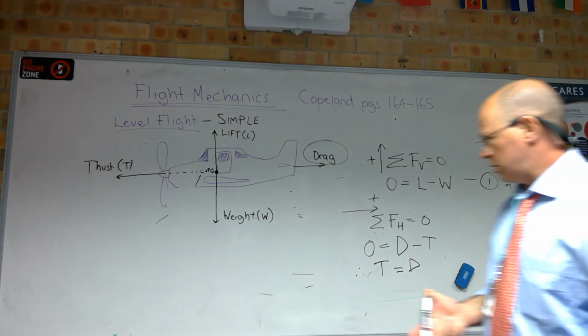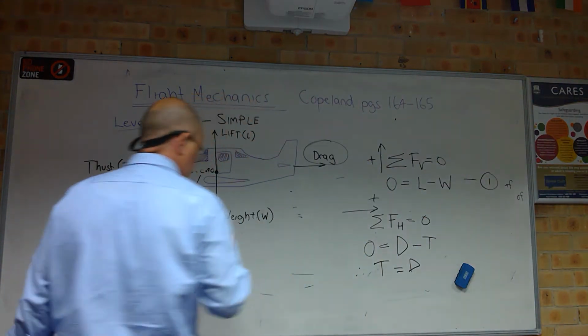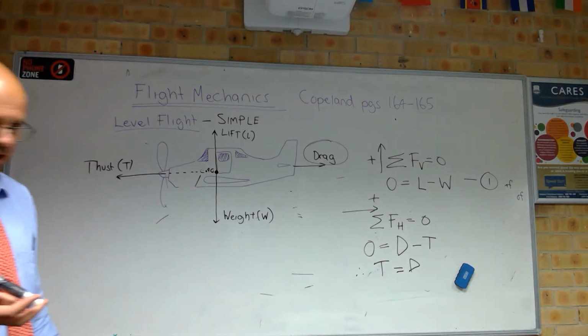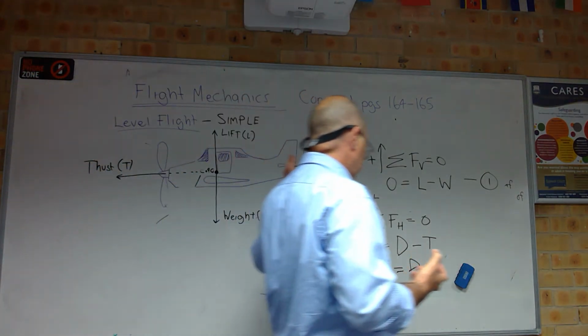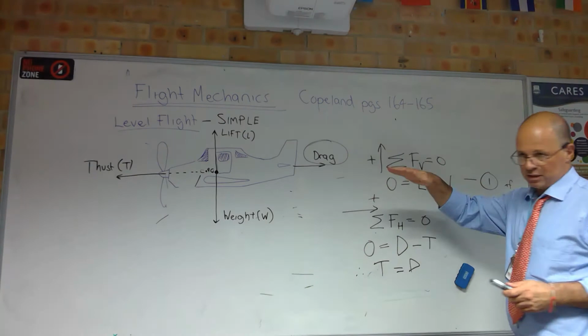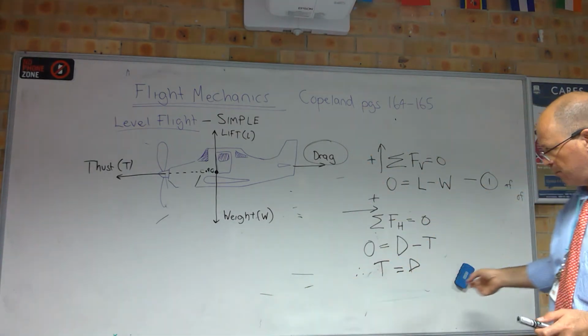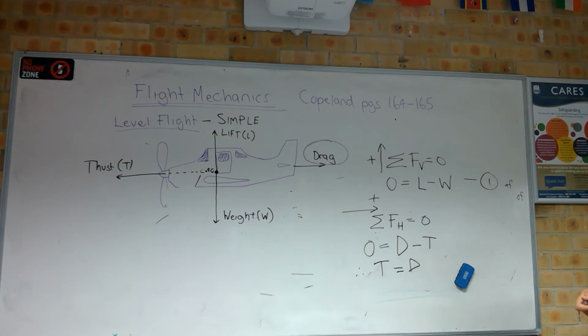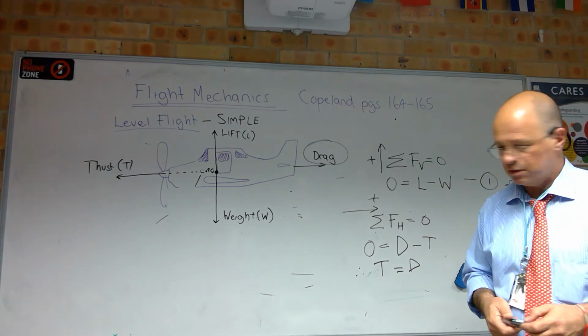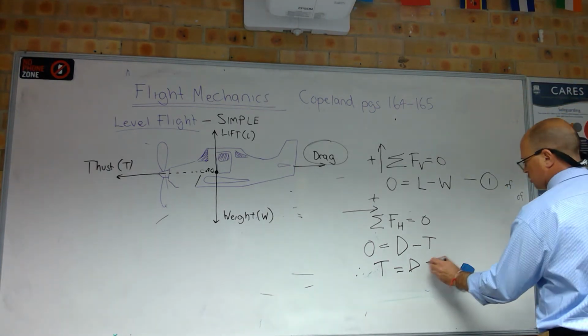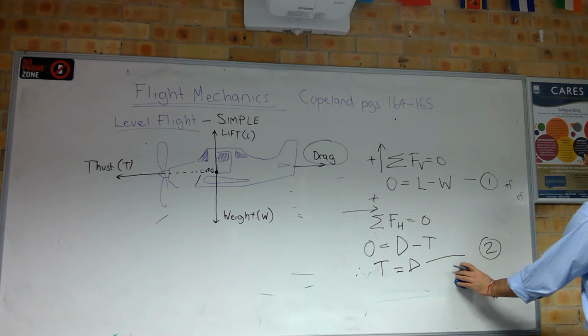I think I said that the thrust had to be greater than drag. If you want the aircraft to accelerate, that would be the case. Okay, so if you just want the aircraft to be straight and level at a constant speed, all of those things have to happen for a straight and level constant speed flight, and that was equation 2 in Copeland.